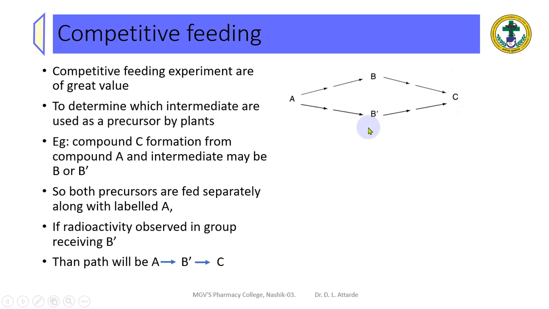They are separately fed with A, meaning one system will receive A and B, one system will receive A and B dash, and we check where activity is retained in C, and that sets the path. So if activity is observed with B dash, the path will be A, B dash, C, or if activity is seen with B, then the path will be this.